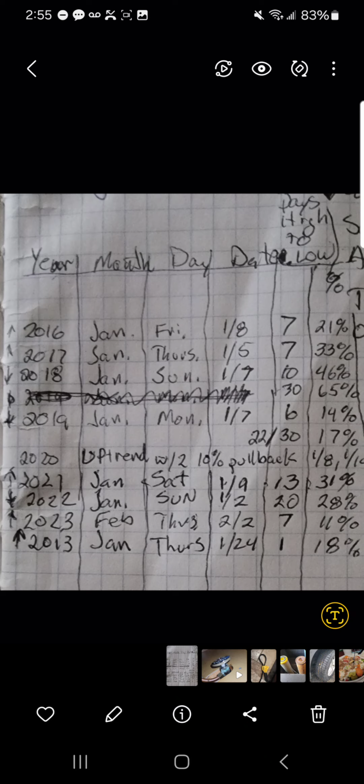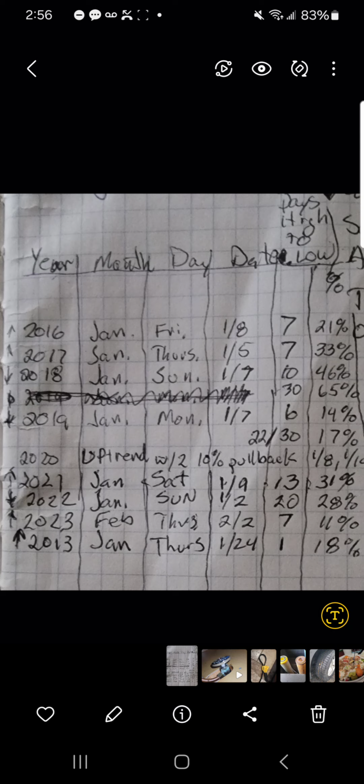Now in 2021, we were in an uptrend. 2021, that's important because it's 4 years ago. Also, 2017 is important because it was 4 years ago. In January, on Saturday the 9th, we began a 13-day dump of 31%.